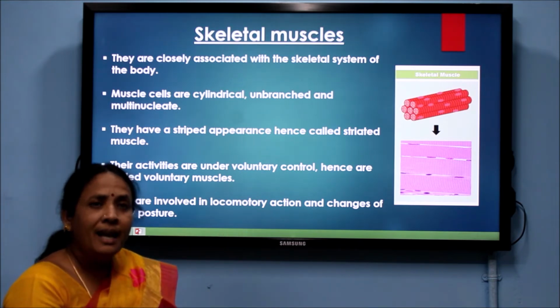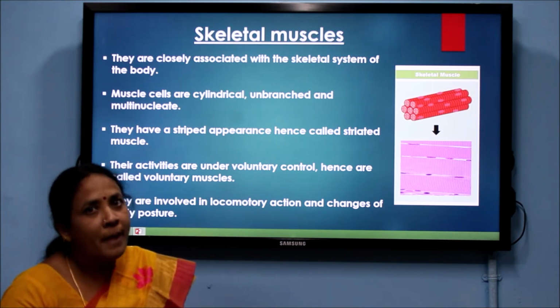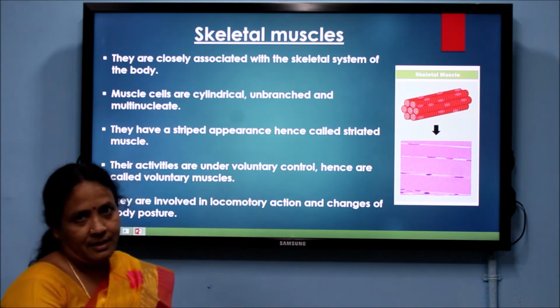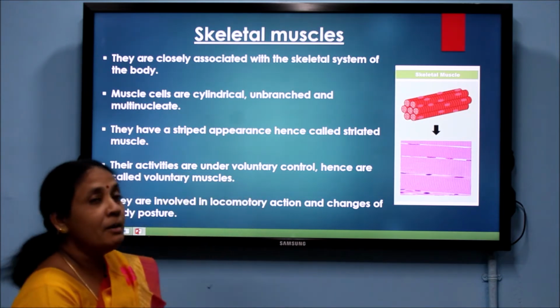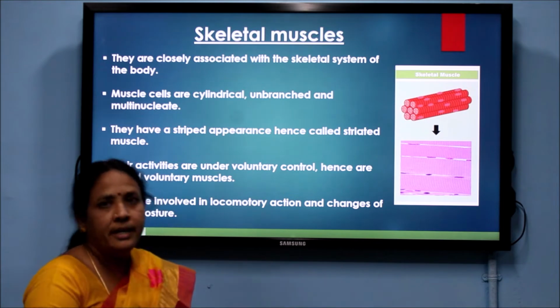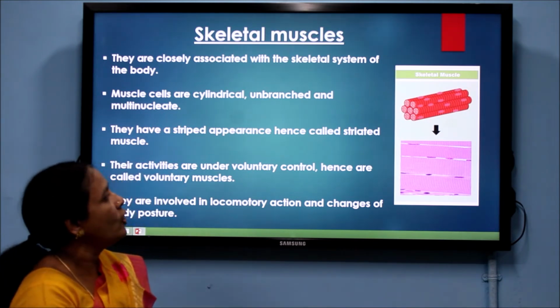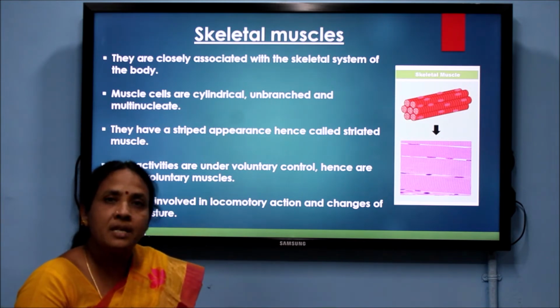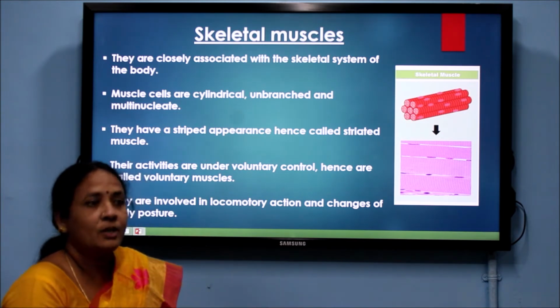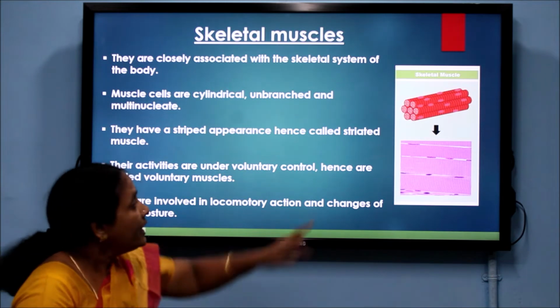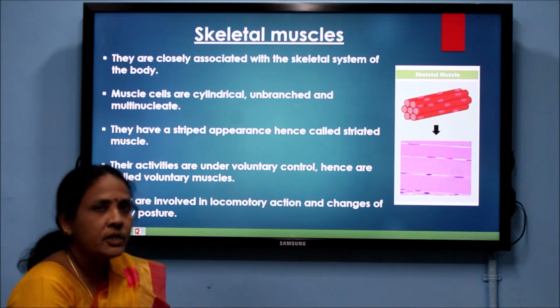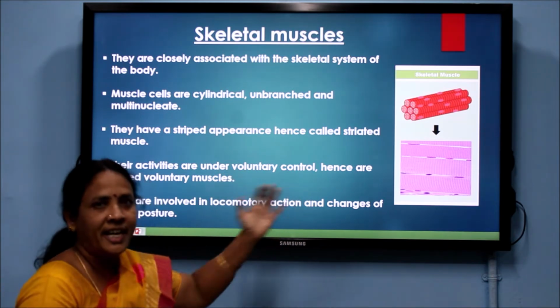And we can see light and dark bands on the cell. On the skeletal muscle we can see light and dark bands. What is the reason for these light and dark bands? Due to the presence of different types of protein, which we will see later. They give the appearance of striations, so they are also called striated muscle.